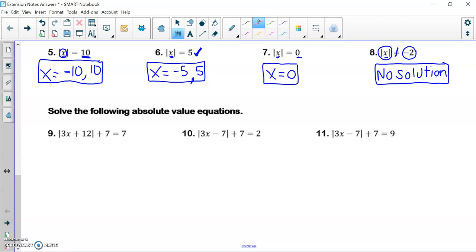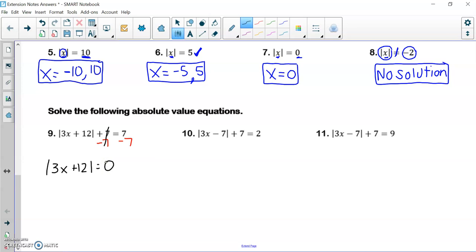All of the numbers that lie outside of your absolute value, like in number 9, that +7 lies on the outside of the absolute value, we want to move over to the other side first. So I'm going to subtract 7 from both sides. And now I wind up with the absolute value of 3x plus 12 is equal to 0.